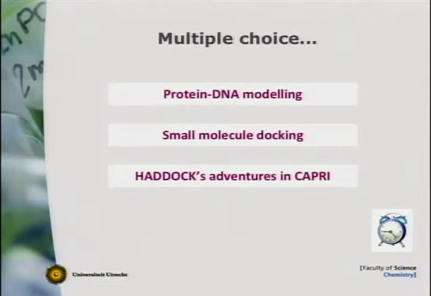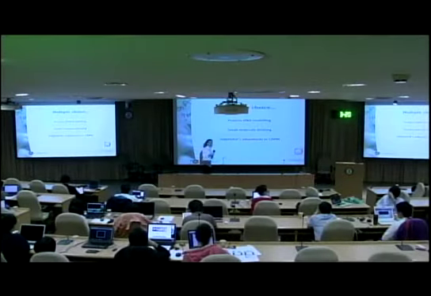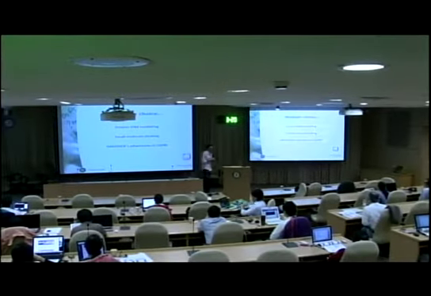And 1, 2, 3, 4, 6, so that's not so much, 7, okay. HADDOCK's adventure in Capri. That's okay, that's more. Who wants DNA? DNA is losing, okay. So we start with Capri and then we see where we stand. So we still have a chance to deal with some of the other stuff.